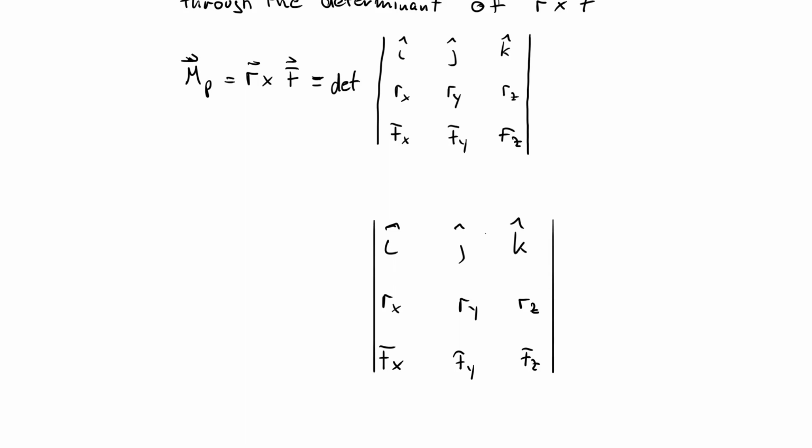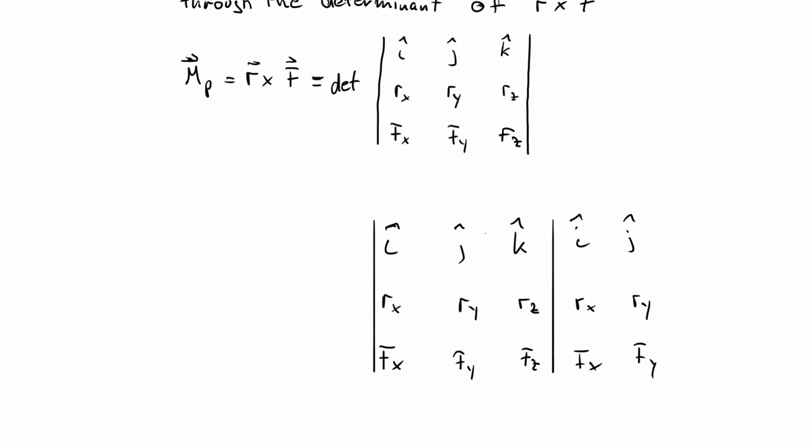And what I do next is copy the first two columns behind it, so I and J, and then I use Rx here, and Ry here, Fx and Fy. Now it's a pure geometry construct that I just have to memorize.